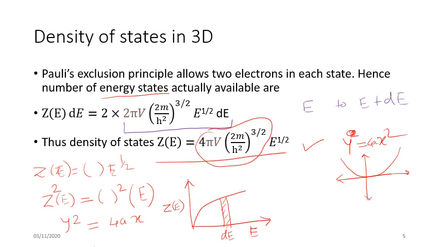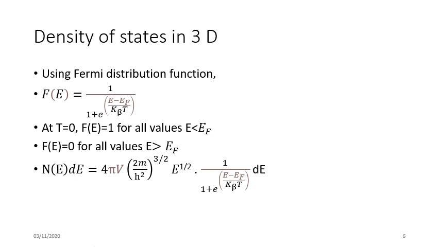Now what people have tried is to match the theory part with the experimental part, but they have observed there is a small part that is missing, and that small part is the Fermi distribution function. This Fermi distribution function gives the probability, so that was not considered while we derived that equation.